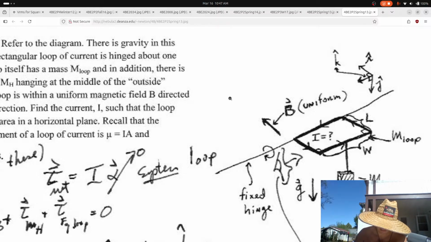Okay, so now we get tau m loop plus tau m plus, and this is really going to be G loop. It's really tension, plus tau, or this is going to be tension plus tau m loop or G loop plus tau b is equal to 0.